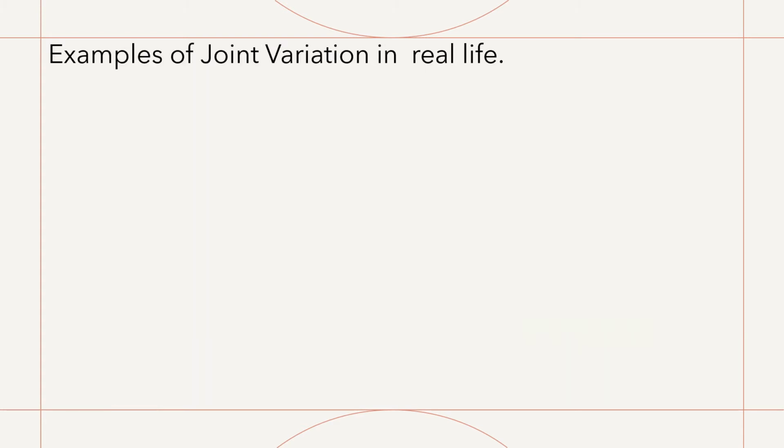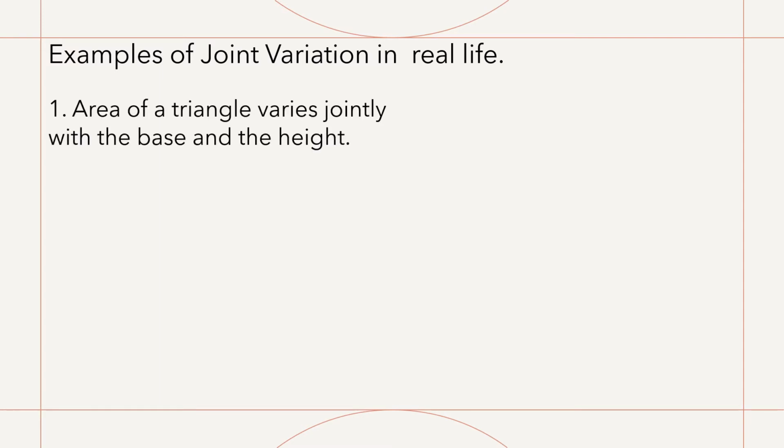Now, here are examples of joint variation in real life. The area of a triangle varies jointly with the base and the height. So here, look at this. We have three variables that we are talking about: the area of the triangle, the base, and the height.